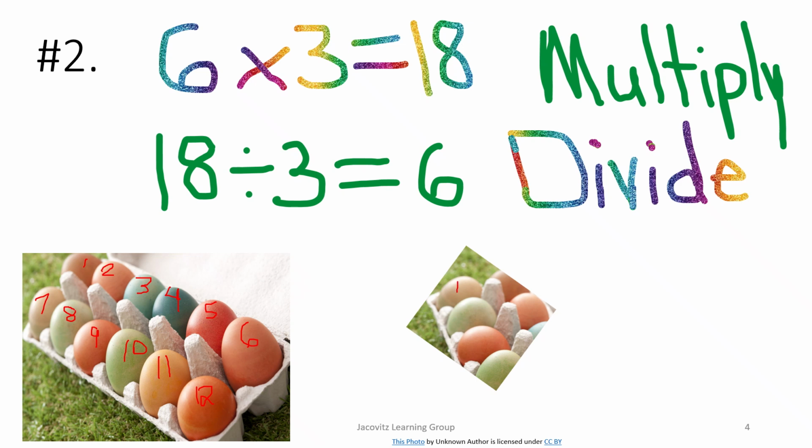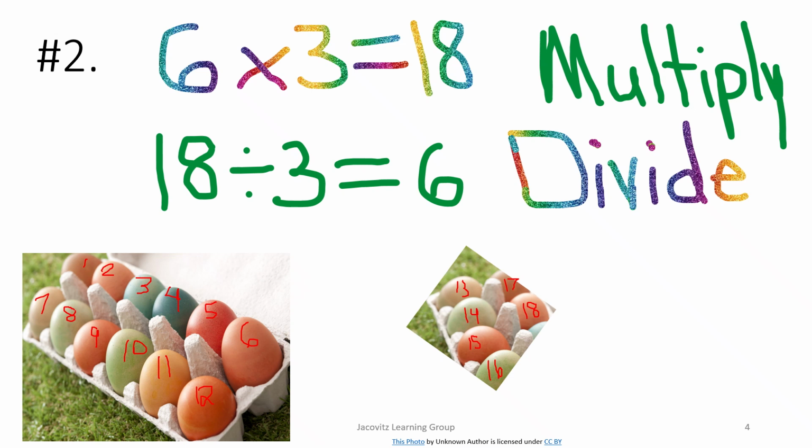So this is 13, 14, 15, 16, 17, 18. It's 18 eggs. Now, we're going to divide them. We're going to take these 6 and multiply them by 3. And you're going to see that that's going to be the same as 18.